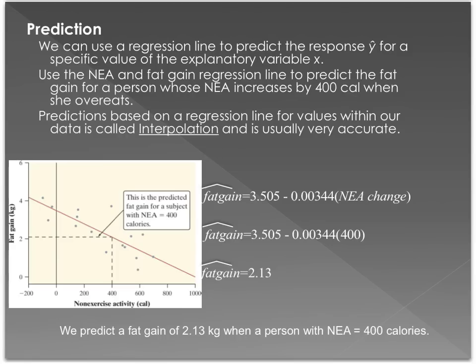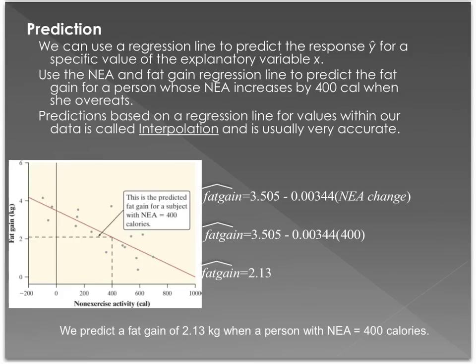Like I mentioned before, regression lines are used to make predictions, hence why we have the symbol y hat for our regression line, because it is a prediction. We can actually use it to predict very specific values of our x-axis.